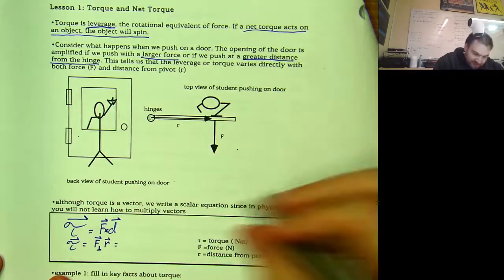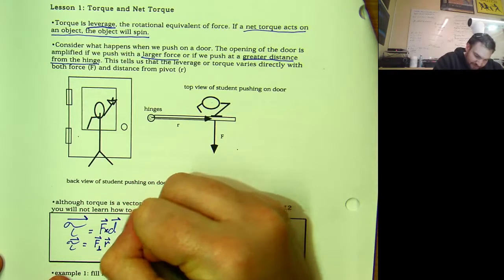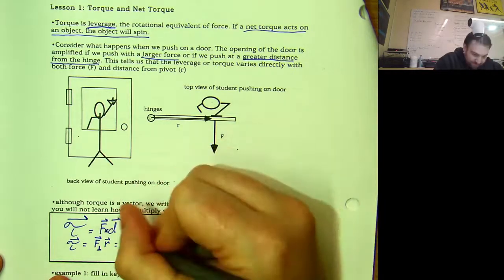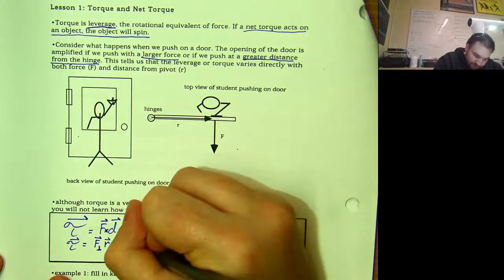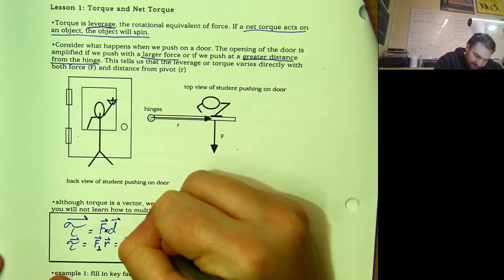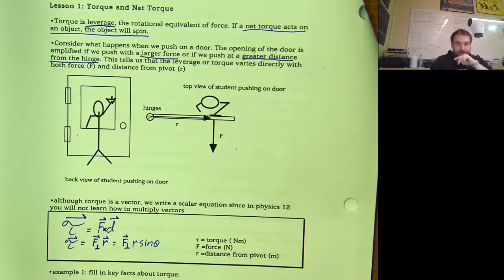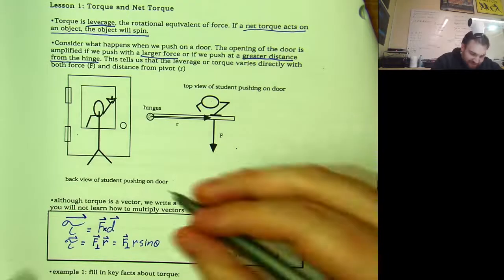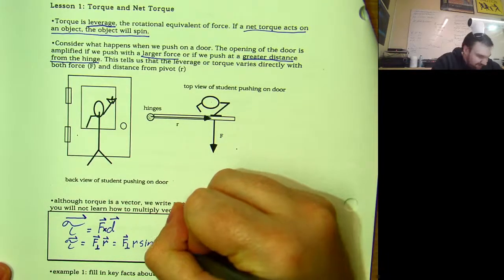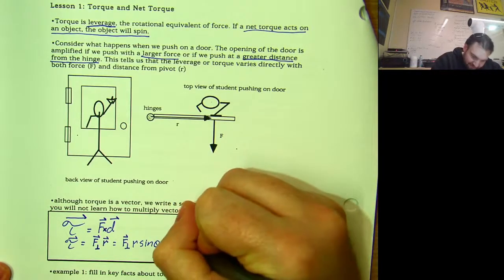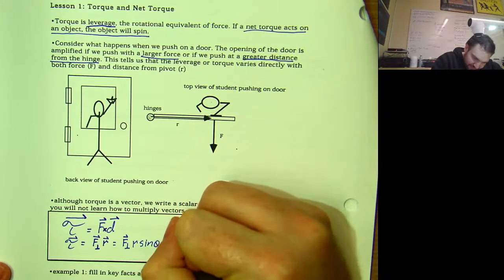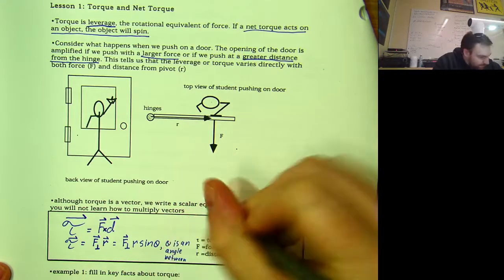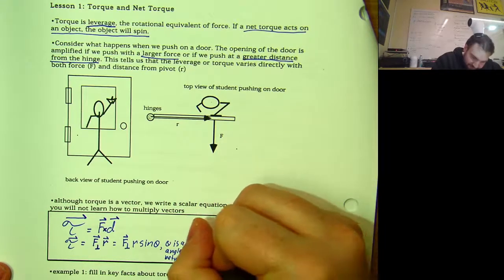We've also got this one here, force perpendicular, so I want the magnitude of that force, times R sine theta. So there's a couple different formulations here, where theta is the angle between F and R.